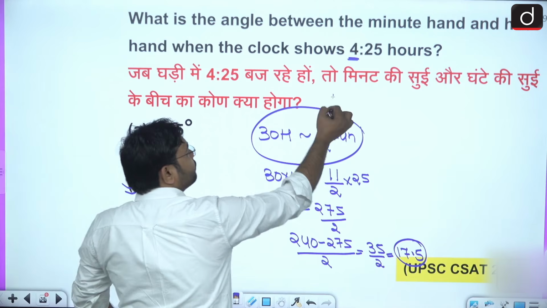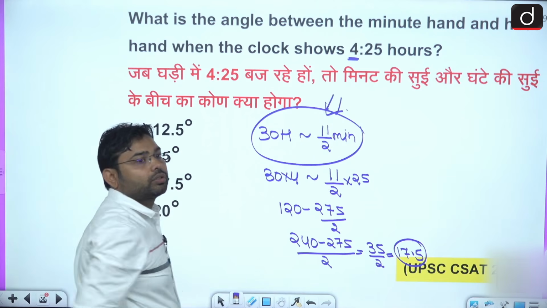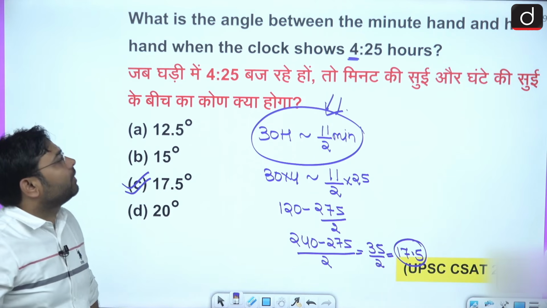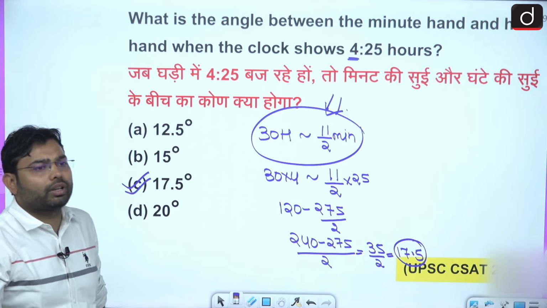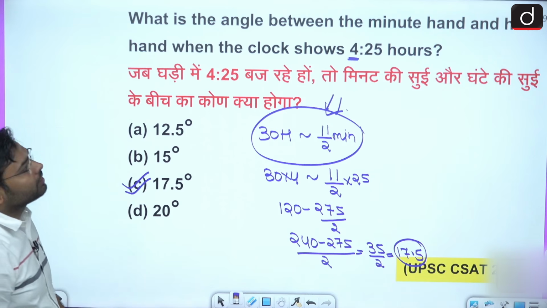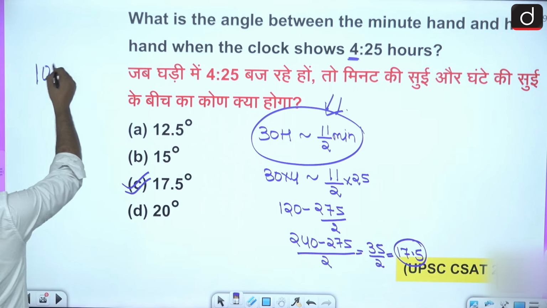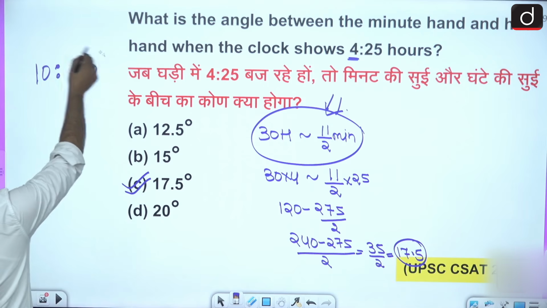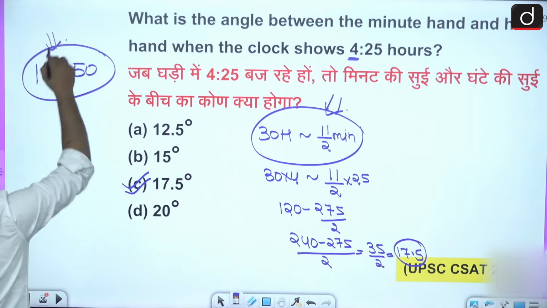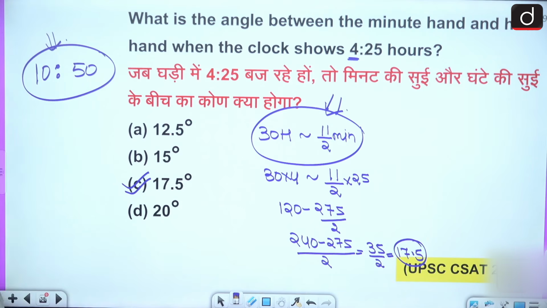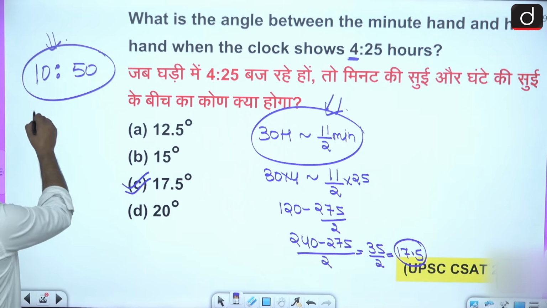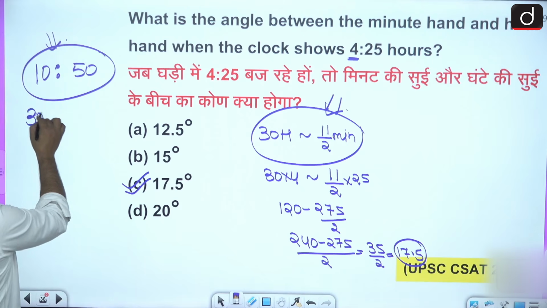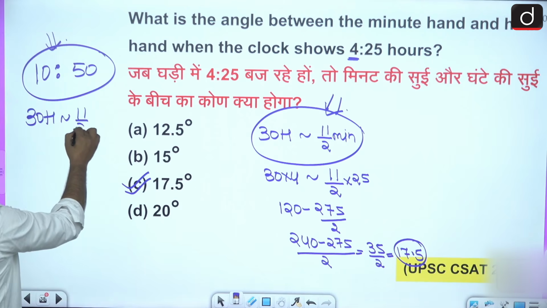You need to remember this one. To calculate the angle at any point of time, if the time is 10:49, now you will tell 10:50. Now you will tell me what is the angle between minute hand and hour hand. So this is 30h, difference with 11 by 2 m.